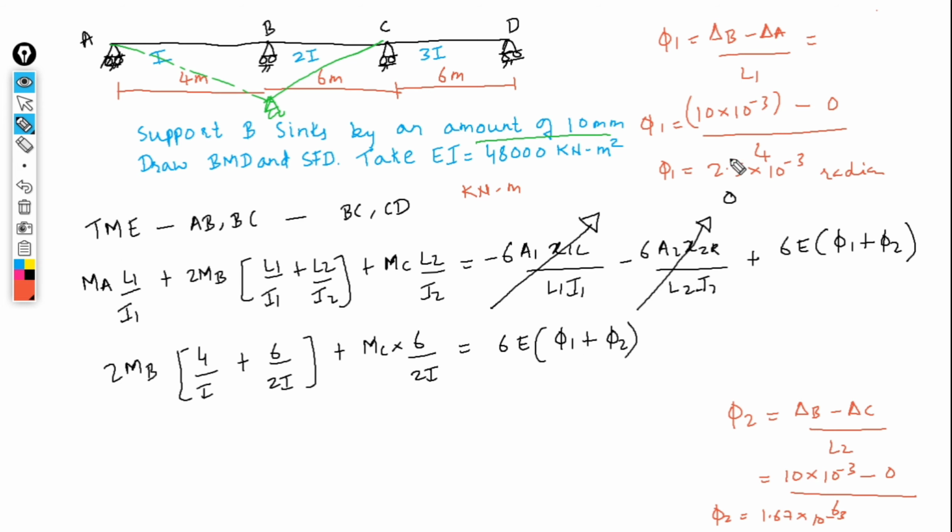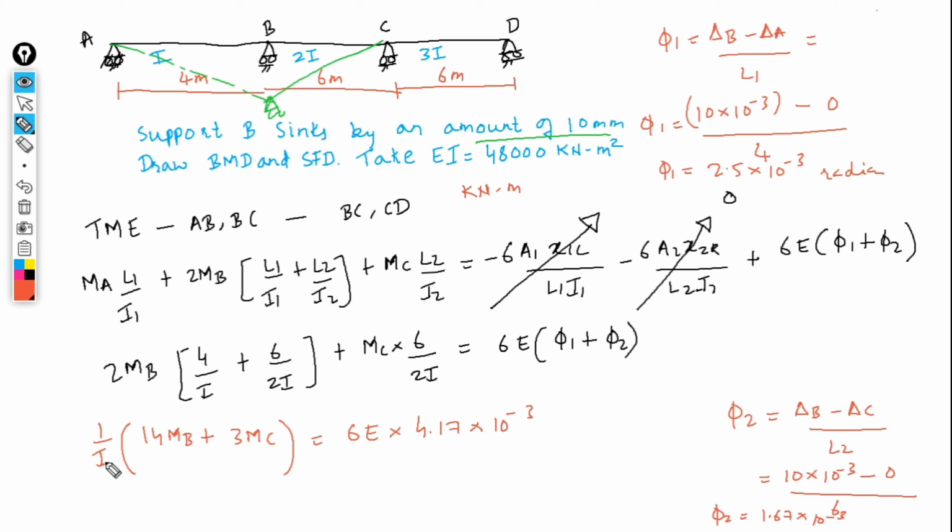You can substitute the values of phi1 and phi2 in this equation. When you solve, you can take I common: 1 by I, 14 MB plus 3 MC equal to 6E into the substituted values of phi1 and phi2, which gives 4.17 into 10 to the power minus 3.